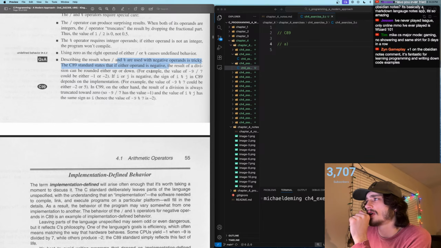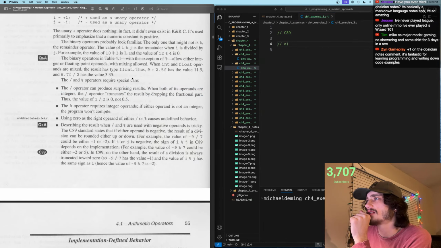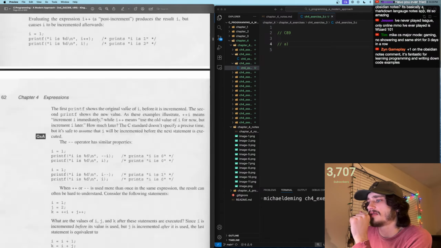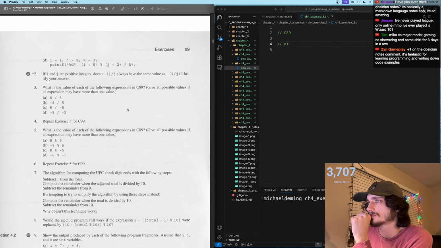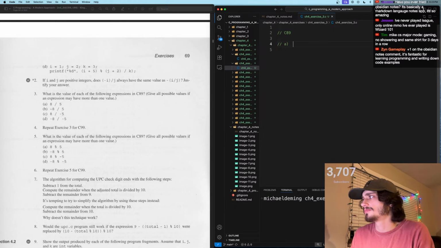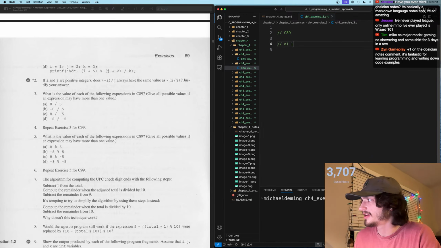With negatives it's tricky. So with positives, it looks like it'll behave the same. Okay, so in this A example, this will just go down to 8 divided by 5, truncated down to 1.